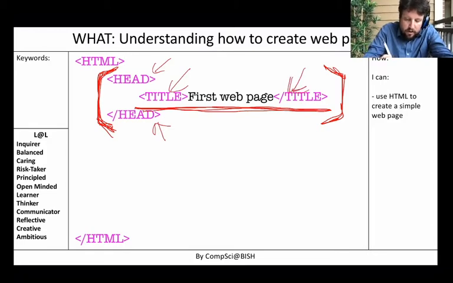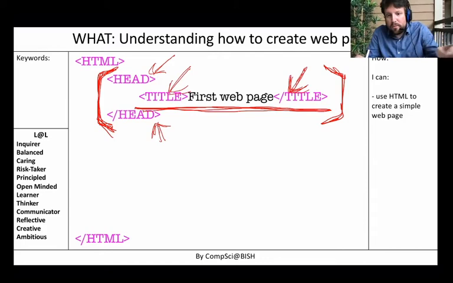Why do I need the open and close tag? Because it tells me where the head starts and ends, and where the title starts and ends. So it's really important that I have the open tag and the close tag. None of the information in the head of your document is going to be displayed. As I said, the head is just used to provide information about the web page.